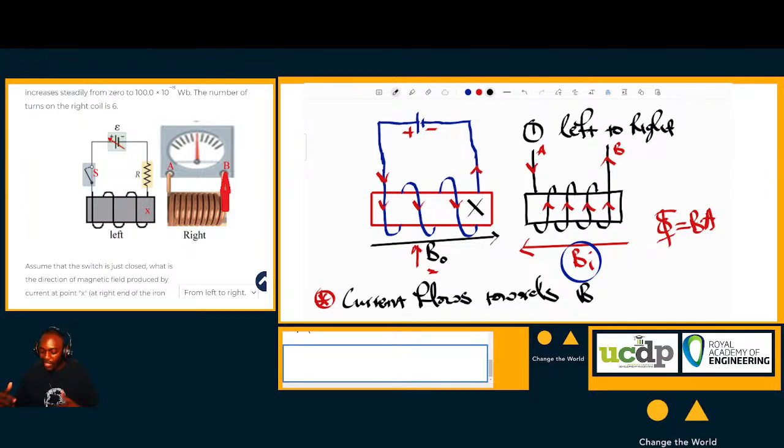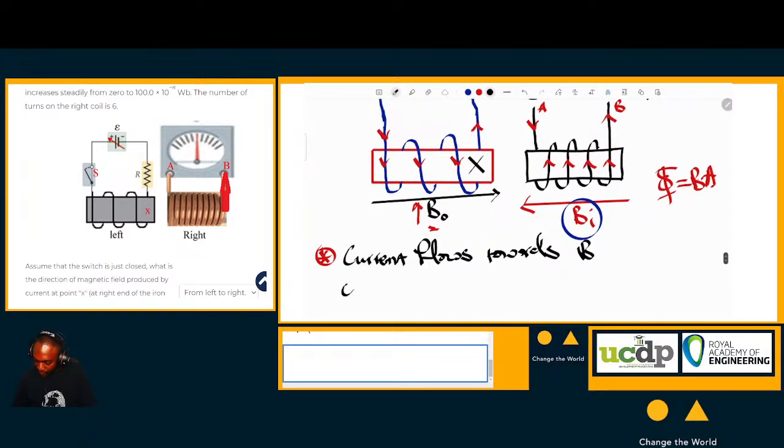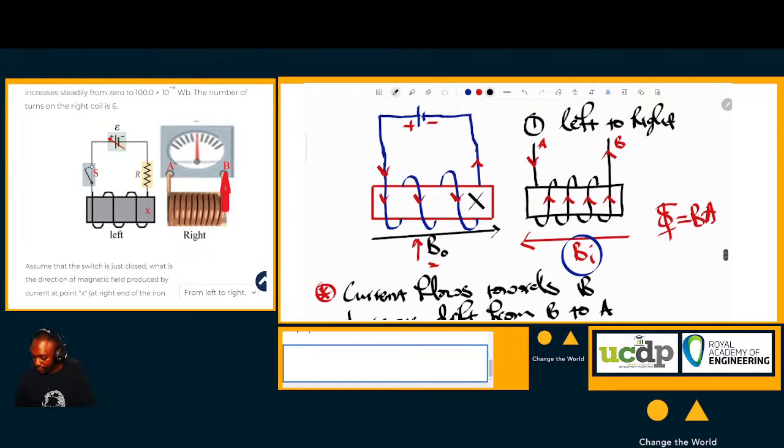Now, what we've identified here is the direction of conventional current, which means that electrons will be drifting from B to A. So if electrons drift from B to A, already this should give you a hint.